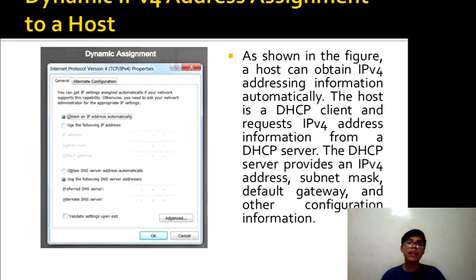Dynamic IPv4 address assignment to a host. As shown in the figure, a host can obtain IPv4 addressing information automatically. The host is a DHCP client and will request IPv4 address information from a DHCP server.